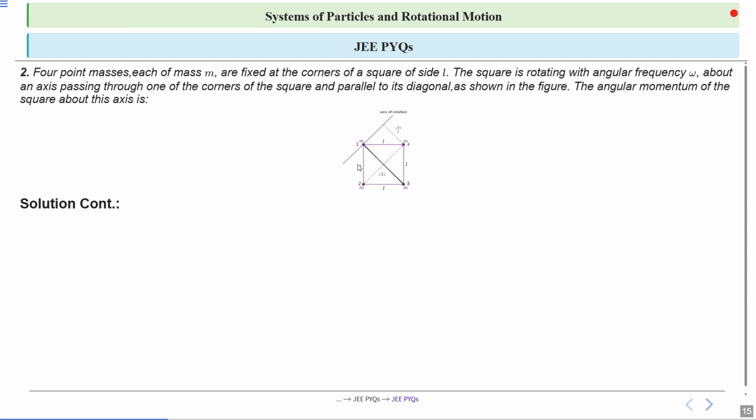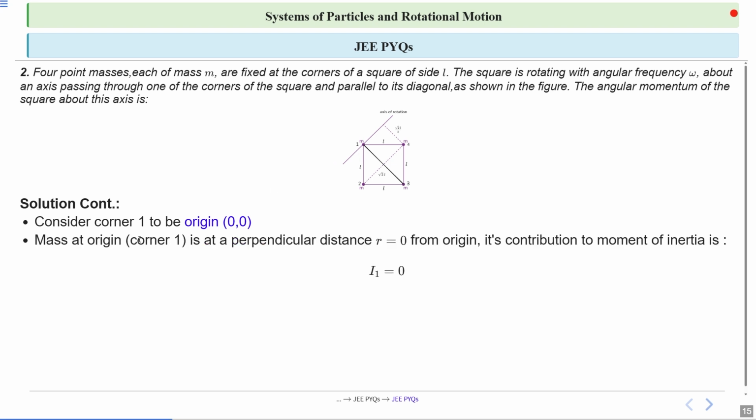Now consider corner first, and the origin is 0, 0. So the mass at the origin, corner first, is at a perpendicular distance r equal to 0. So its contribution to the moment of inertia is I1 equal to 0, because r1 equal to 0.